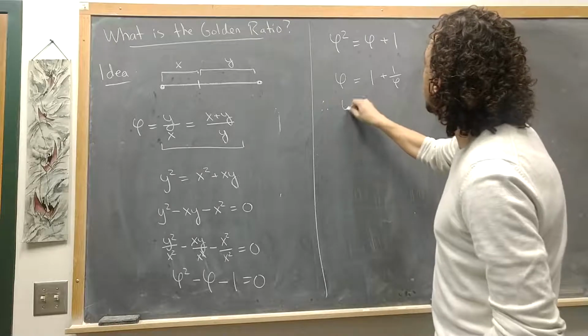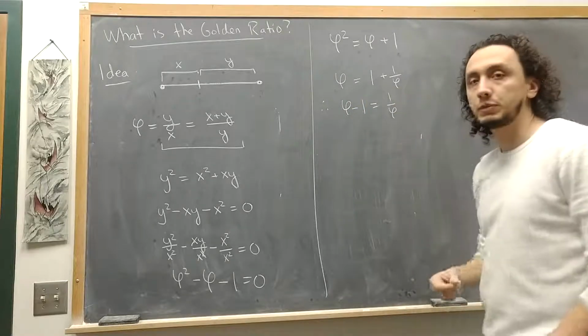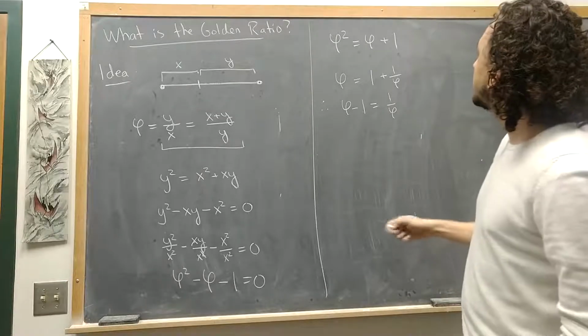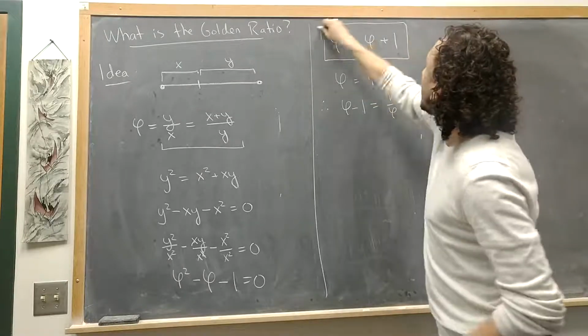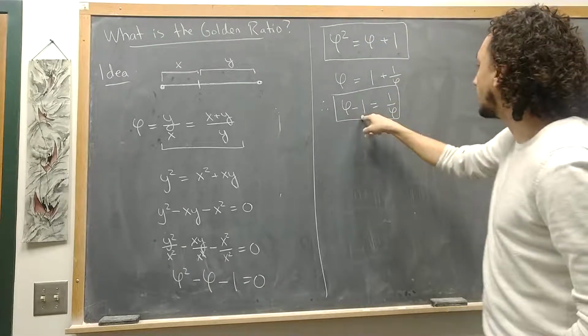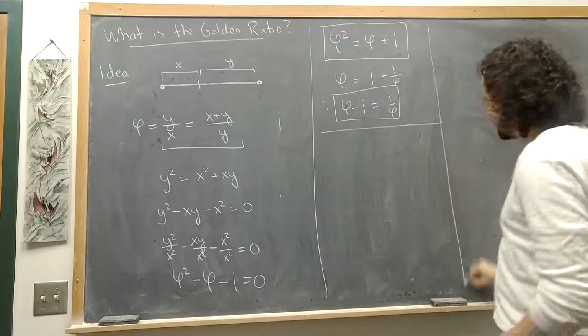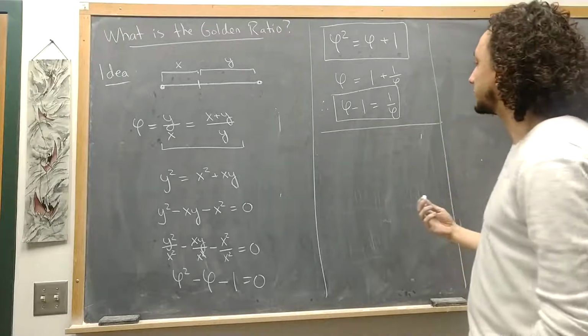So from that I get phi minus 1 equals 1 over phi, the reciprocal of phi. So phi is a number such that when I add 1 to it, I get its square, and when I subtract 1 from it, I get its reciprocal, which is not exactly a common property of numbers.